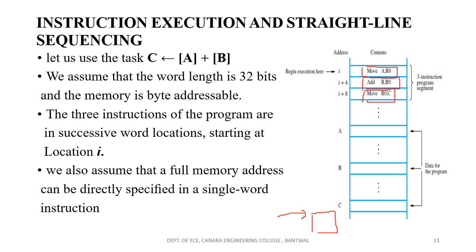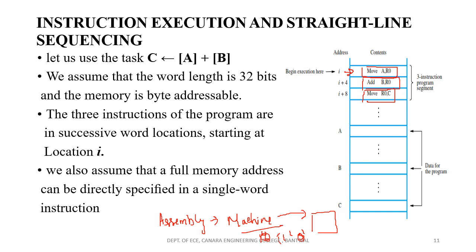Instead, it will be converted from the assembly language program into a machine language, and the machine language is nothing but the representation in the form of ones and zeros. The entire program is represented in the form of ones and zeros, and this sequence of binary numbers is stored in this location. That sequence corresponds to the instruction move A comma R0.